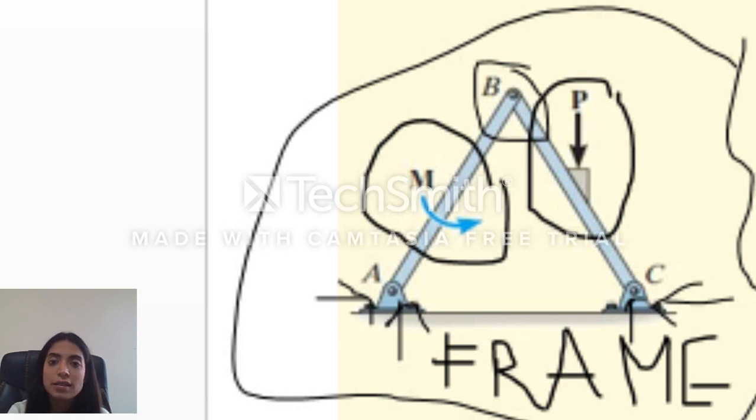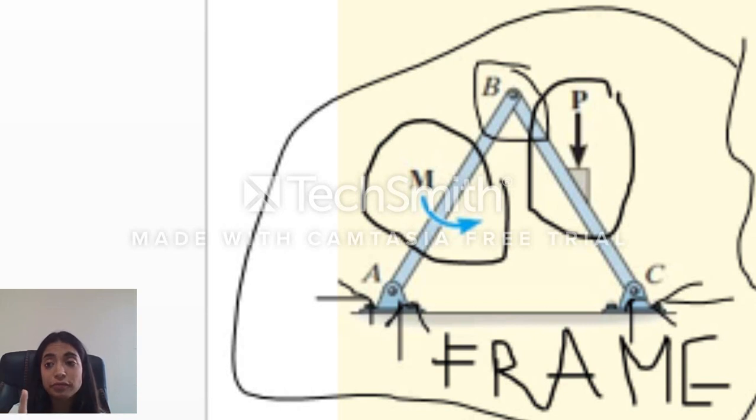Now here, since I have a frame, and since in this frame, these 2 members are multi-force members, this means, guys, that the force here at B is not axial, unlike the case of the truss. Instead, guys, at B, I have 2 forces, Bx and By.